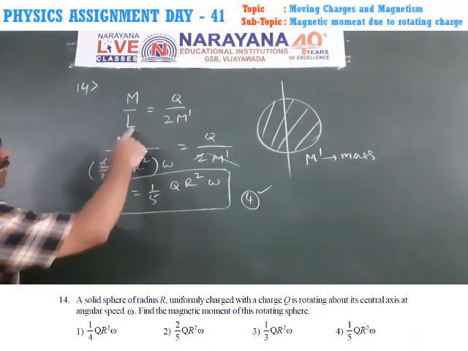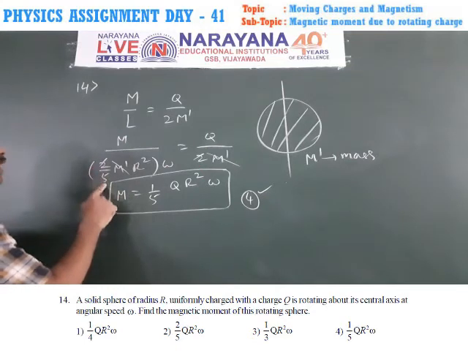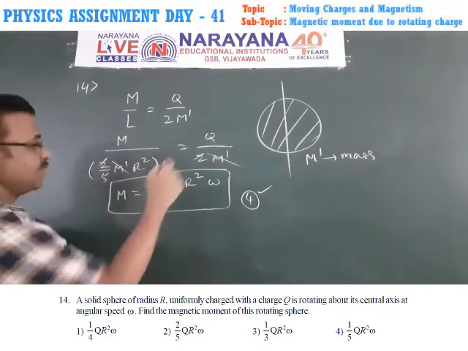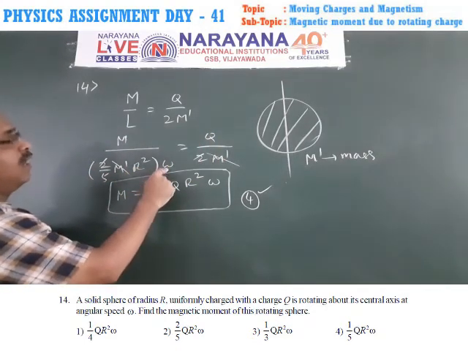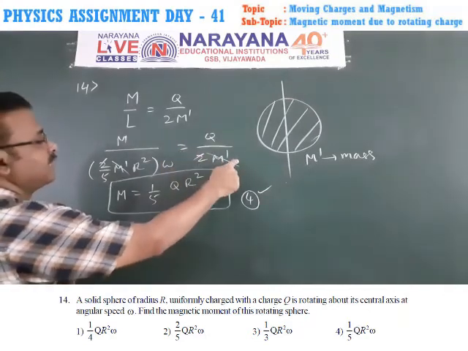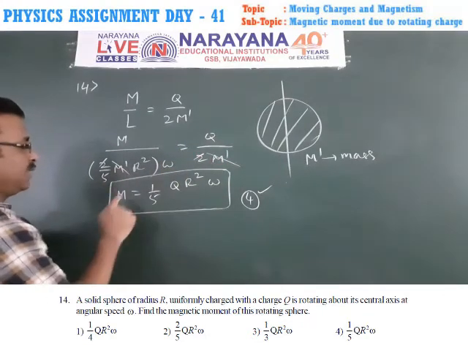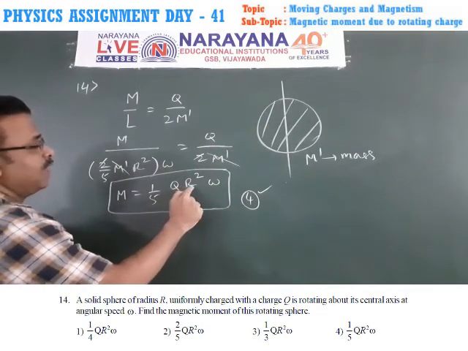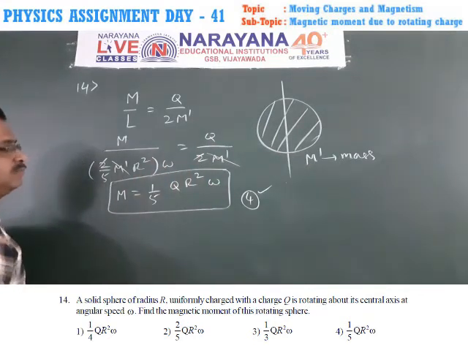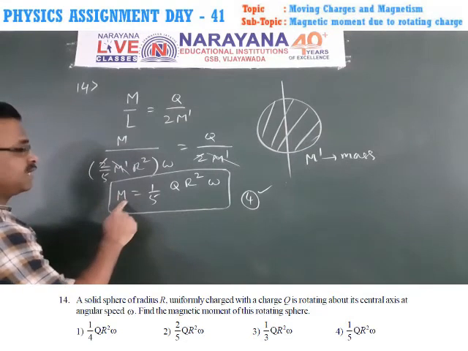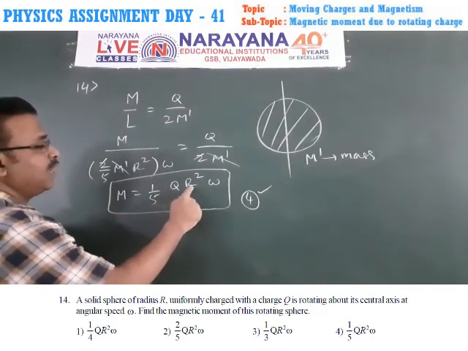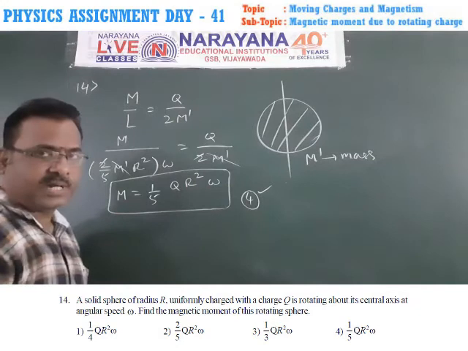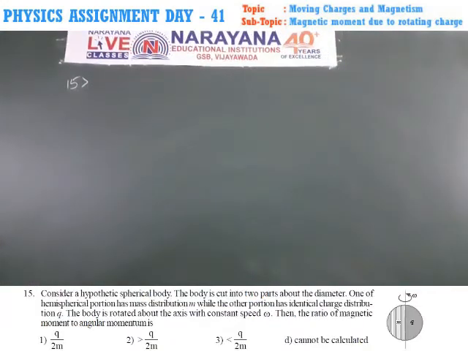So m by L equal to I omega, I is nothing but 2 by 5 m dash r square for a solid sphere, and into omega is equal to q by 2 m dash. 2 and m dash will get cancelled, you will get m is equal to 1 by 5 q r square omega. Magnetic moment m is equal to 1 by 5 q r square omega. Option 4 is correct.